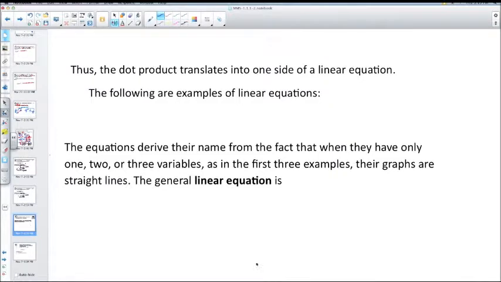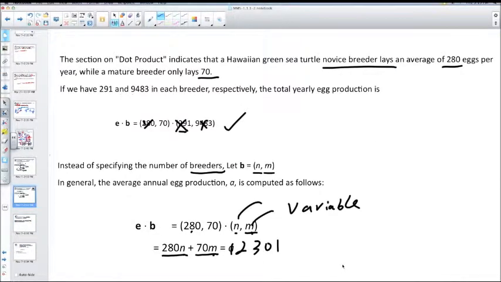So we use the dot product to translate one side of a linear equation into matrix form. In this example, I can rewrite it as a dot product, where E is the number of eggs laid by the two, and B is the number of two different breeders, equals A. That's a number.